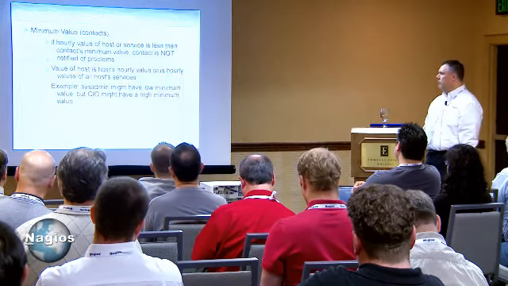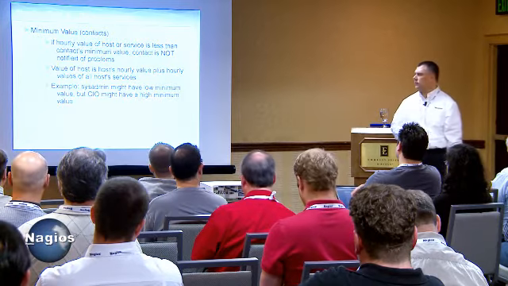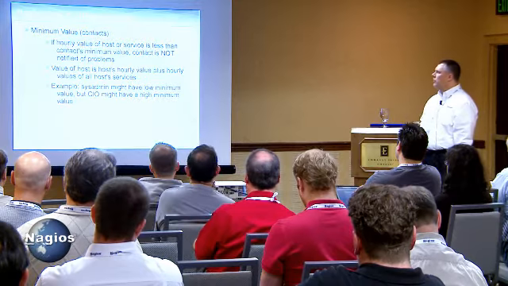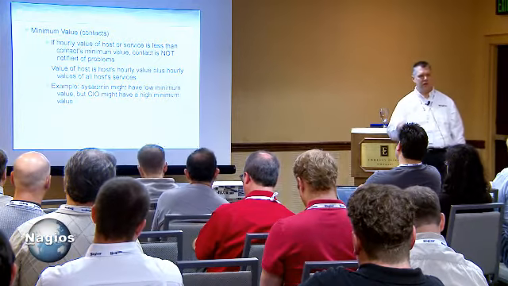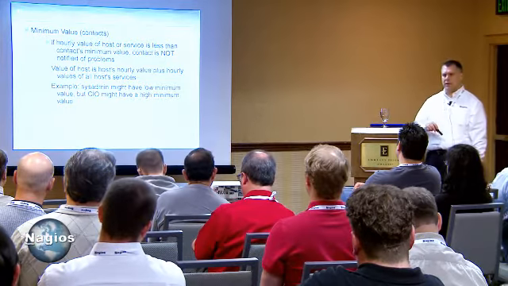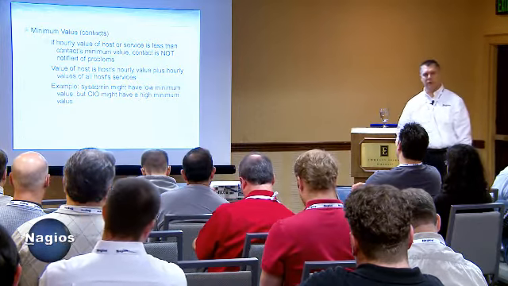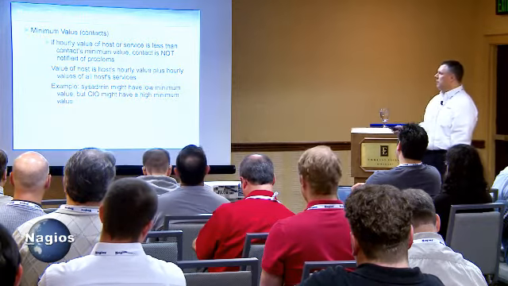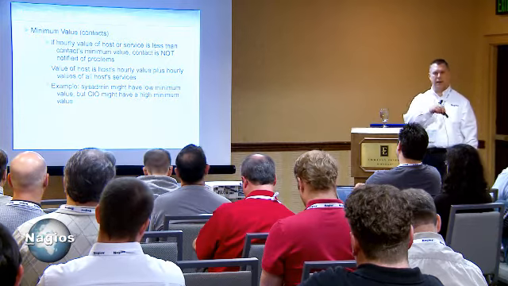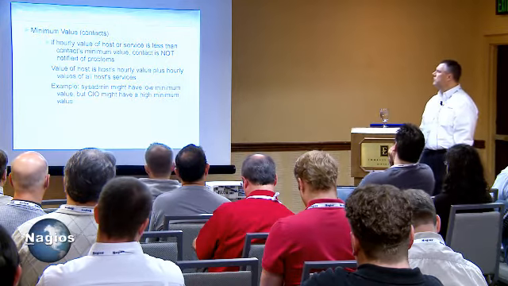Related to hourly value is the minimum value. Minimum value is a new attribute on contacts. And if the hourly value of the host or service that you're checking is less than the minimum value of the contact, that contact would not be notified of a problem with that host or service. And it's important to note that the value of the host is the host's declared hourly value plus all of the hourly values of its services.